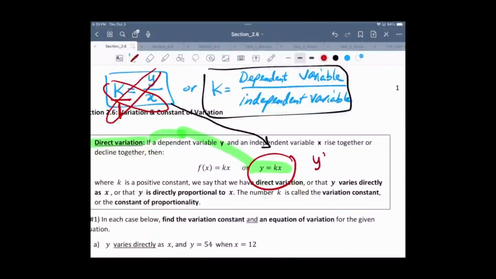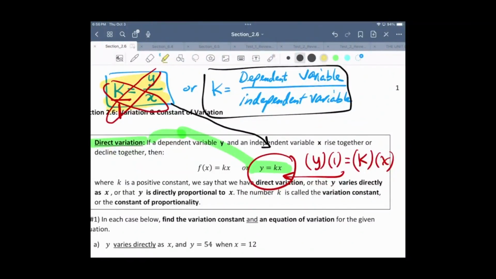So you get y times 1 equal to k times x, and then of course you get that equation which I've highlighted in green. So that's where it's coming from. But that formula is coming from this relationship that I'm highlighting in yellow. It's coming from k being equal to y over x. It's just a rearrangement of that.